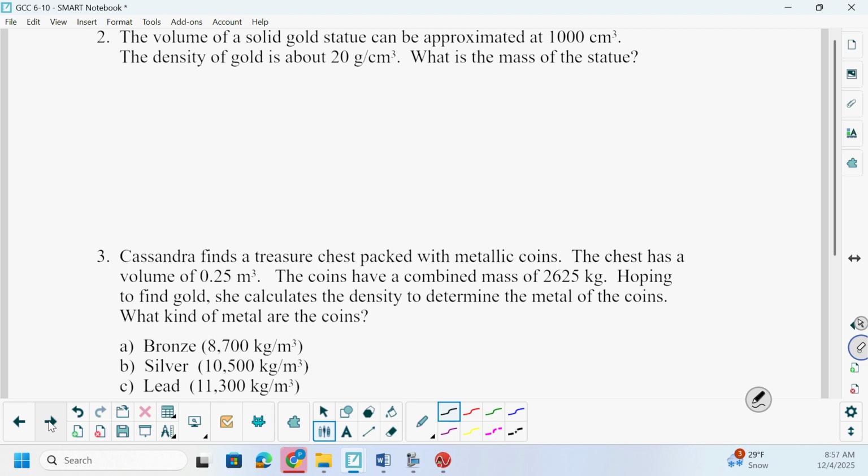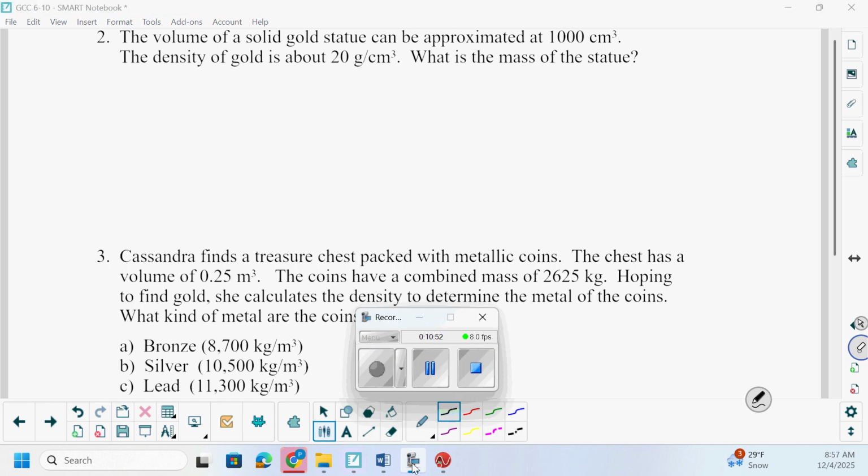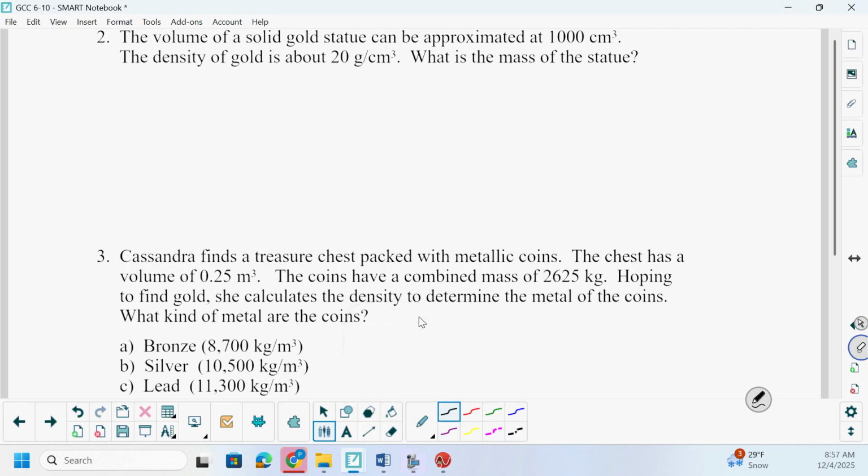All right, moving over to 66. So we've got the volume of a gold statue is around 1,000 centimeters cubed, and they give us the density is 20 grams per centimeter cubed. We want to find the mass of the statue. So again, our density formula, density is equal to mass divided by volume.